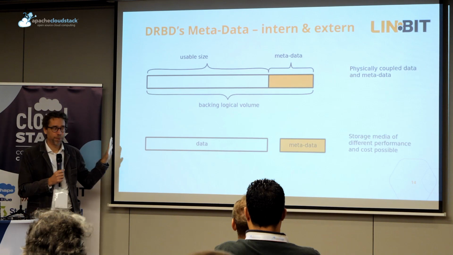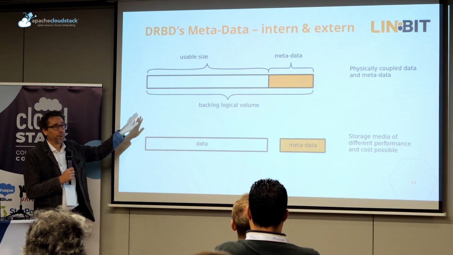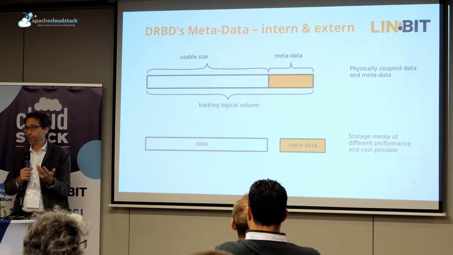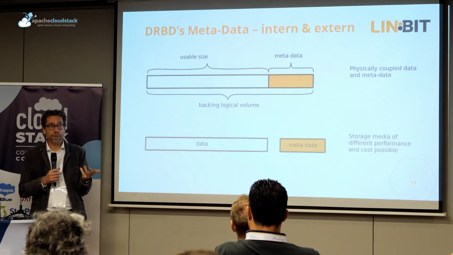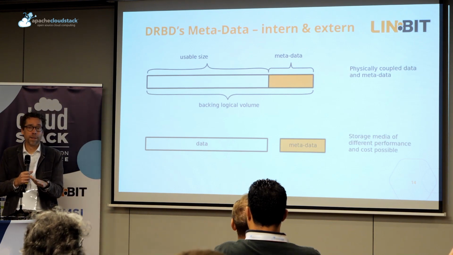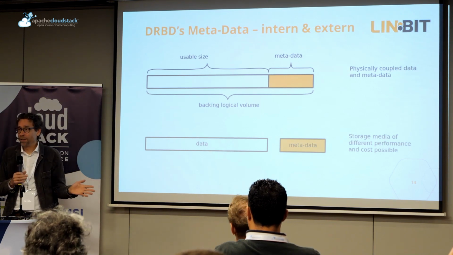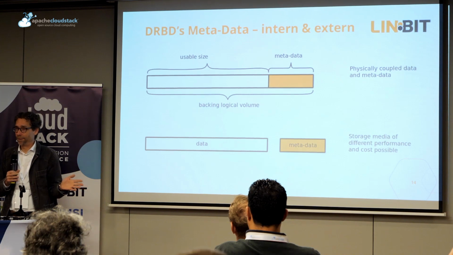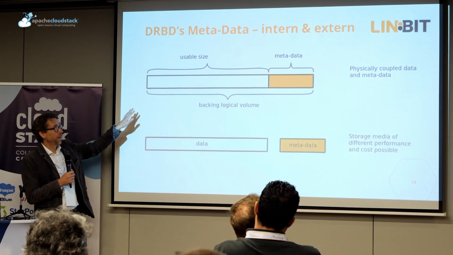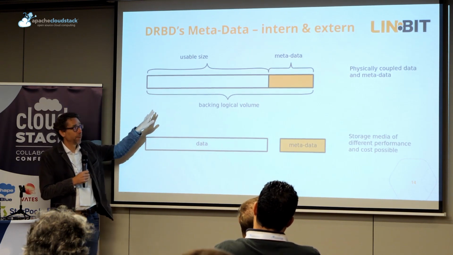So all file systems do that easily. Same goes for virtual machine image, right? So this is one of the properties of DRBD. It is completely transparent to what you have on disk. And if everything goes wrong, you can recover your data, right? So that's the advantage, easy to use.